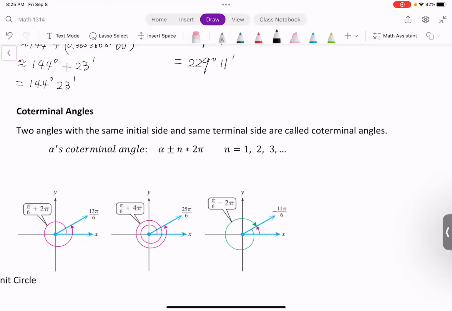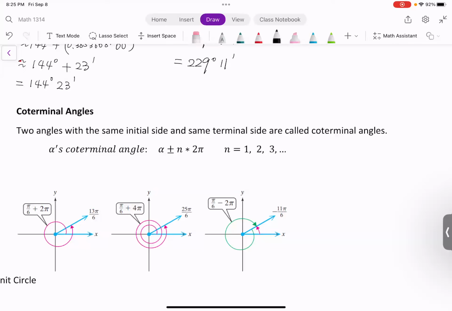I'm having the same terminal side. They have the same initial side. They have the same terminal side. Also, they have the same trig function values if they have the same terminal side and same initial side.